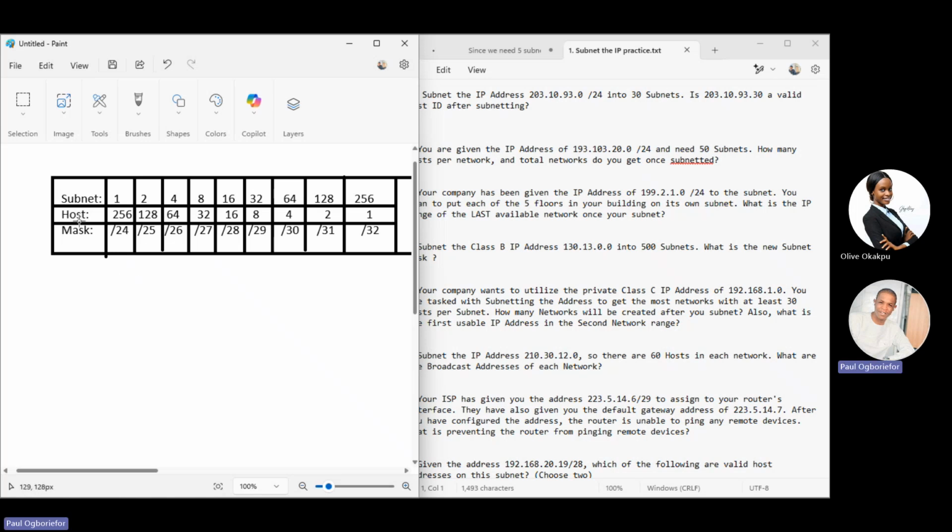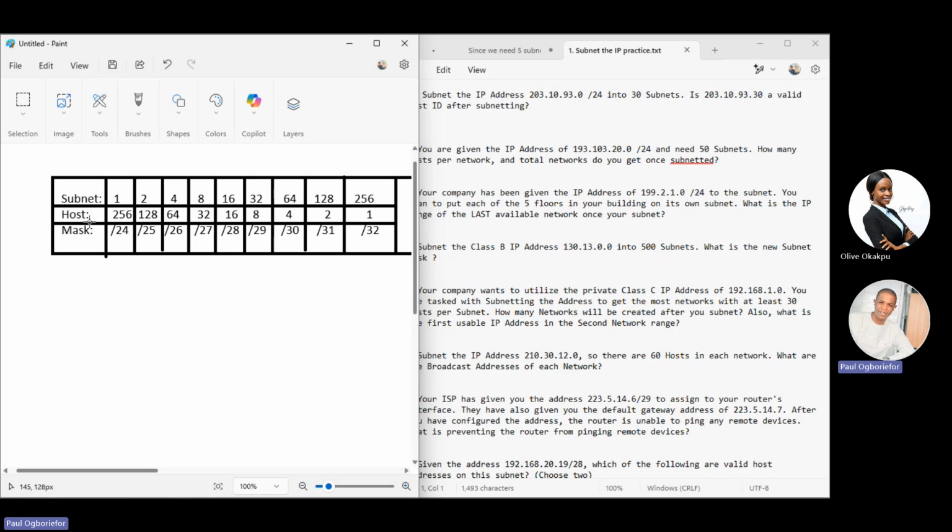And the second one here is talking about the host, which is the number of IP addresses that will be within those range, right? And the mask is what they will give you, showing you, okay, this network is by default, or you are borrowing this, or you are borrowing that from the host to the network.